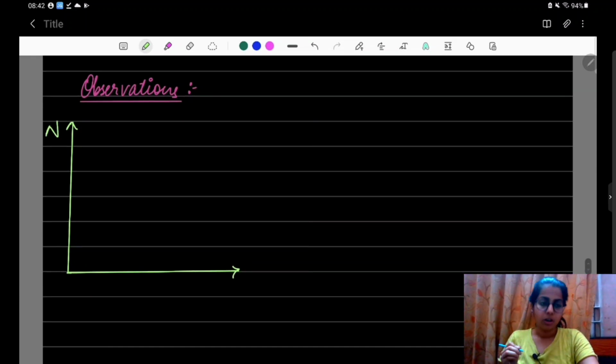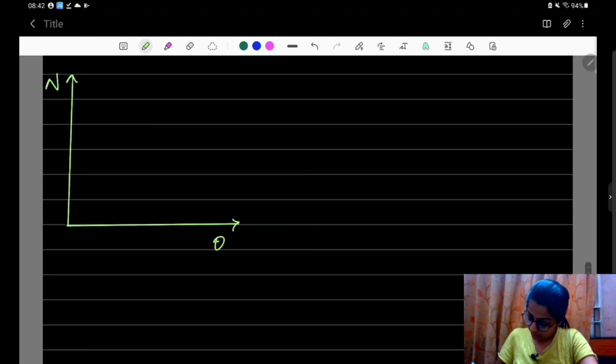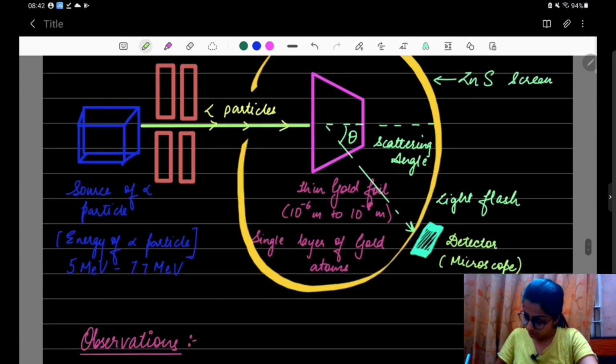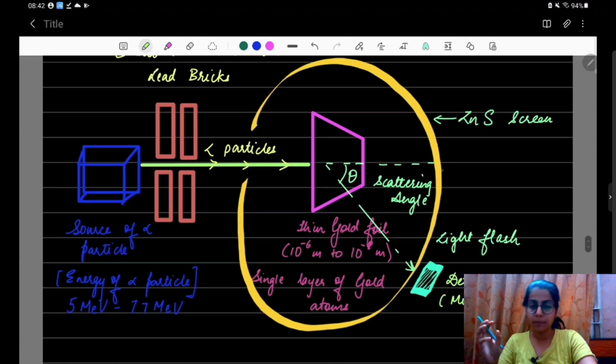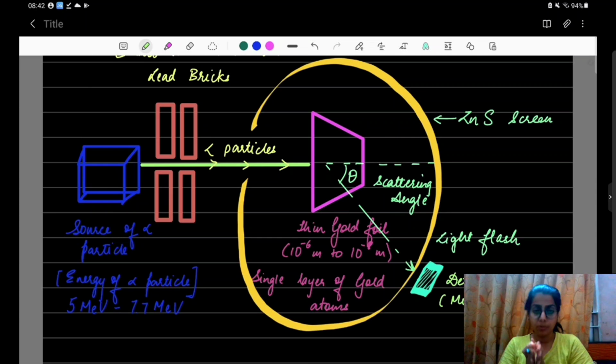We need to record the number of alpha particles obtained at a particular angle theta, which is the scattering angle. Why are these two things important? Here, at any place, what is the unknown thing? How many alpha particles are obtained at a particular place. That can be known by the angle theta.